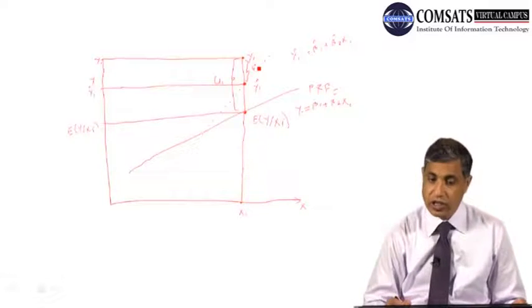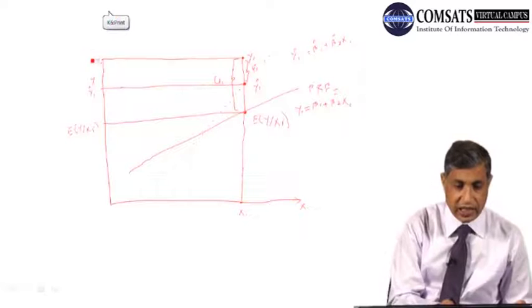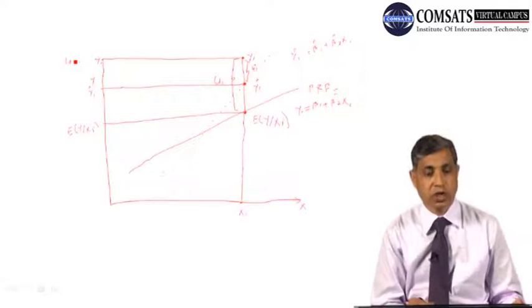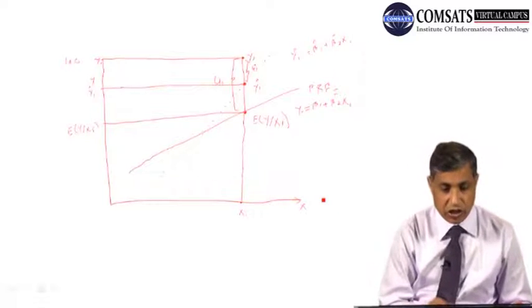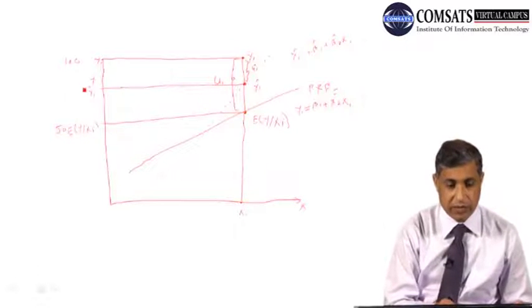I would like to give you numbers. For example, suppose the yi value was 100, the population mean was 50, and we estimated it as 70.